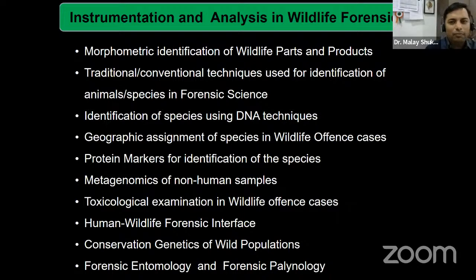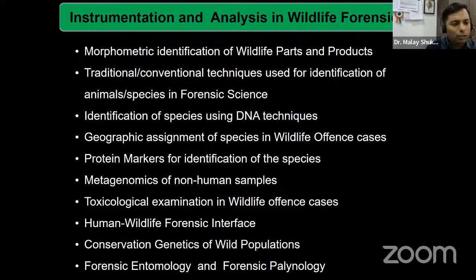You know, forensics is, in simple terms, the investigation of any cases or samples, whether biological, chemical, or physical, where we need to use scientific techniques of basic science and advanced instrumentation.